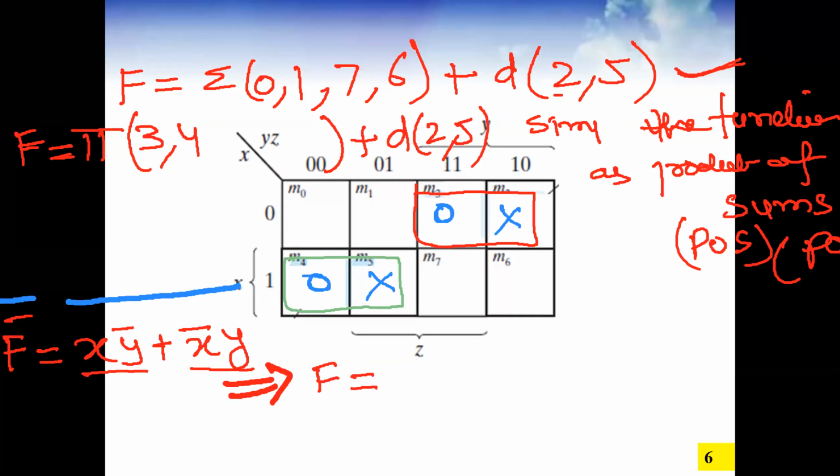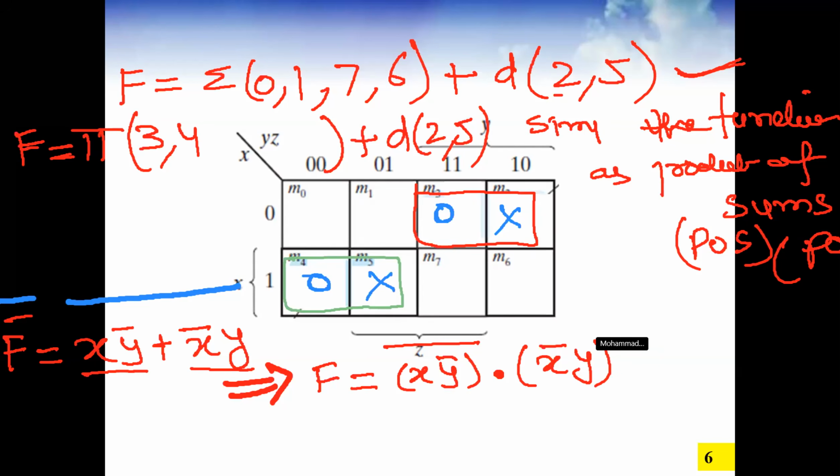In the bracket, (X Y complement) whole complement, plus will become dot. Then I will be writing again, what is next? (X complement Y) whole complement. All right.